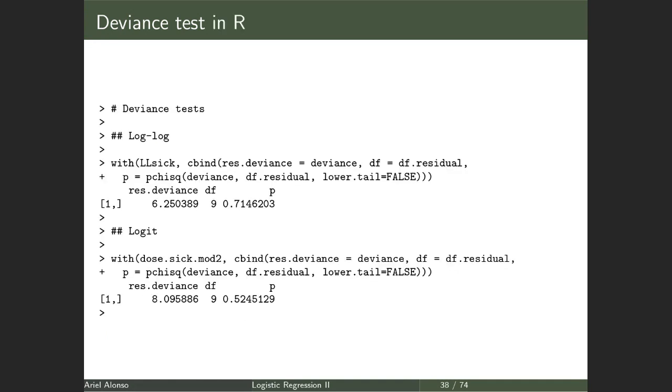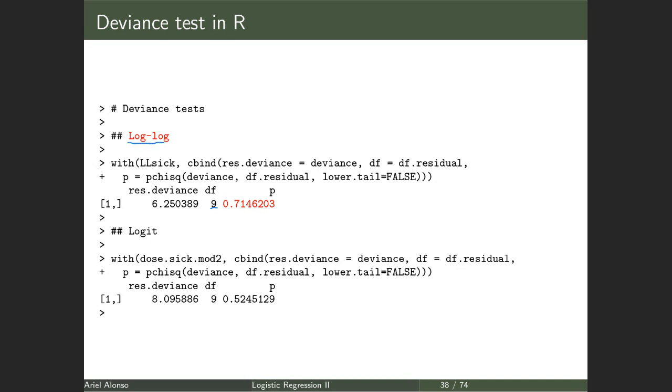Now, to show you this, let's use the deviance test. So I'm going to use it again with the animal experiment. Here you have the log-log link. And if you apply a deviance test, you get, against 9 degrees of freedom, n minus p, where n is 11 different doses and you have 2 parameters in your model, so it's 9, this p-value for the log-log link.